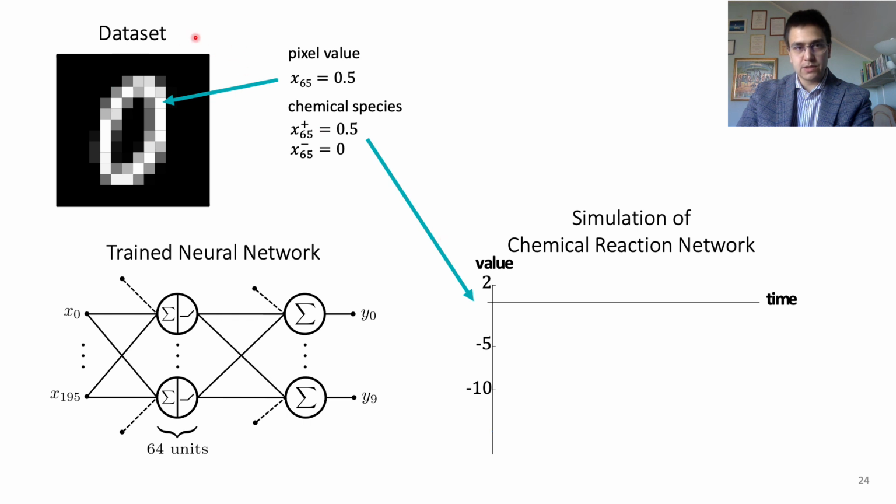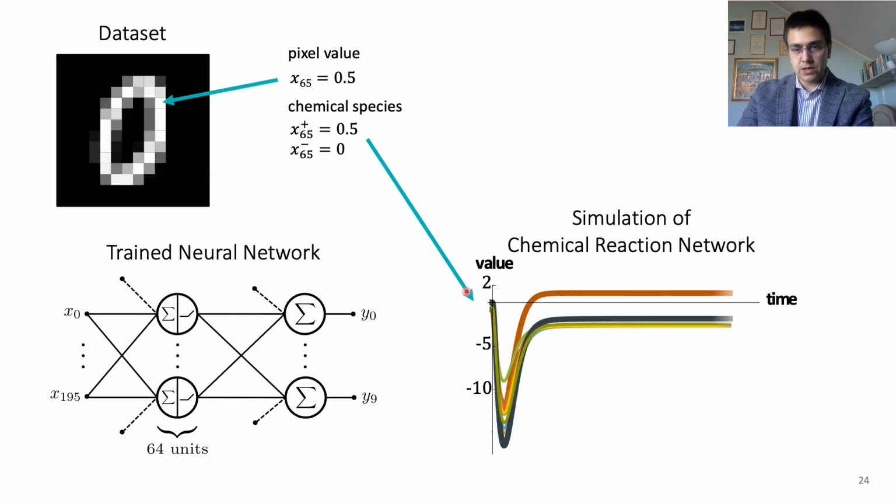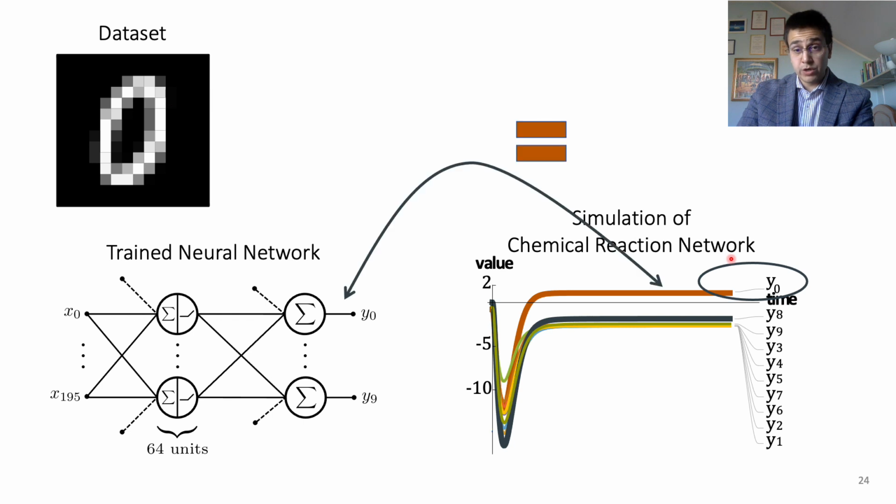We need to initialize it for the same input, so for each pixel value we initialize some chemical species. Now we can numerically solve it, and this is the behavior we get. These are the outputs of the chemical network. We can see that output y0 is at its highest value, meaning that the chemical network detected 0 as the digit. More importantly, outputs of the neural network and chemical network are equivalent to each other. And that's exactly what we wanted.